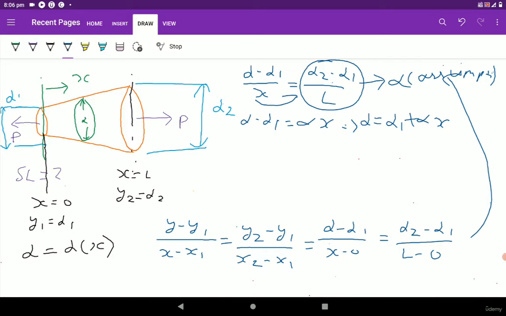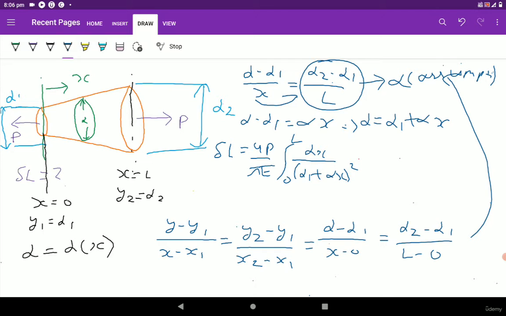Now we are going to substitute the value in this equation, that is delta L equal to 4P by pi E integration of 0 to L dx by d square, that is d1 plus alpha x whole square.